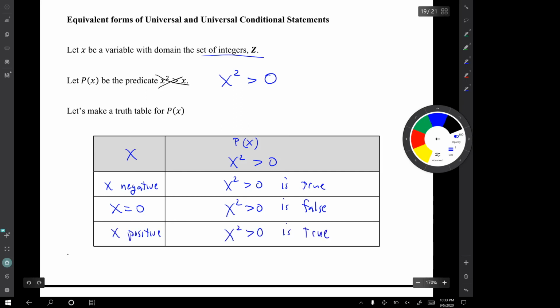The important batches of x values to consider are all the negative x values, all the positive x values, and the x value x equals 0. When you substitute them into the predicate, it becomes true for the negative values, true for the positive values, but false for x equals 0.